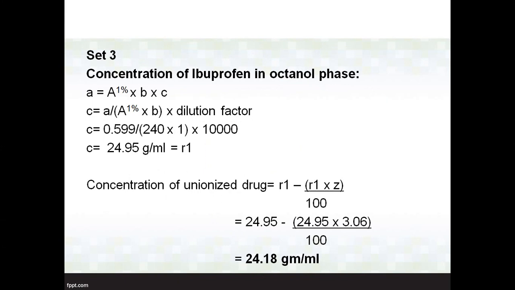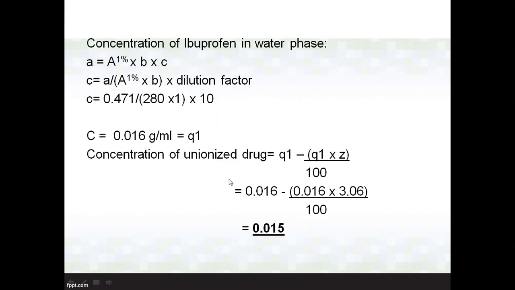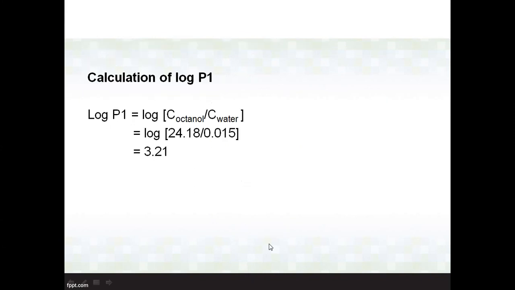Again for set 3, the formulas and calculations remain the same, only we change the value of absorbance. It was found to be 0.599. Using this value, the concentration of unionized drug comes out to be 24.18 gram per ml. In the water phase, the concentration is 0.015 gram per ml. So the log P value comes out to be 3.21.